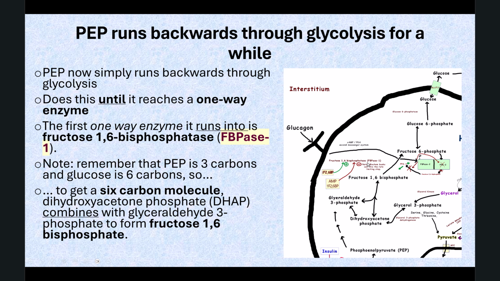And it's interesting because insulin and glucagon do not bind to FBPase1. Nothing, no epinephrine, no cortisol, no growth hormone, nothing binds to it. So what drives it forward then?